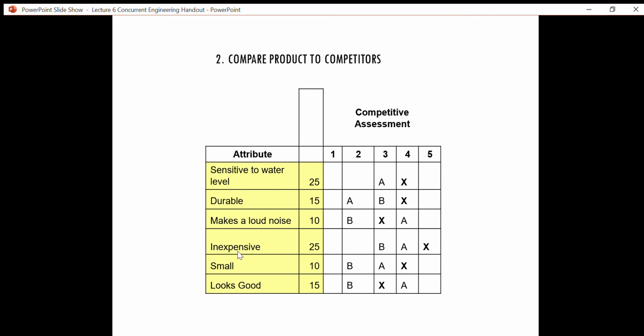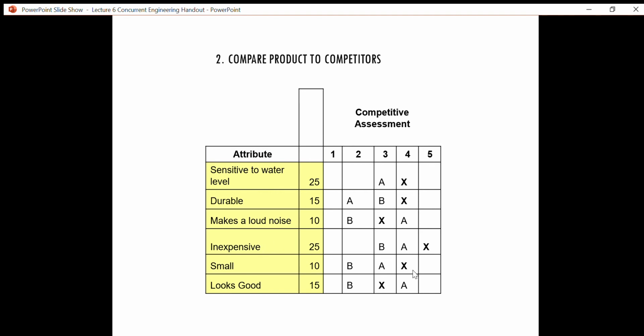Similar goes to small. Small has less priority, but look good is higher than that. We think this is related, because we want a compact product that looks small and looks good. So we put the small one at level 4, and for look good we need to compromise, because we want to make a cheaper product.